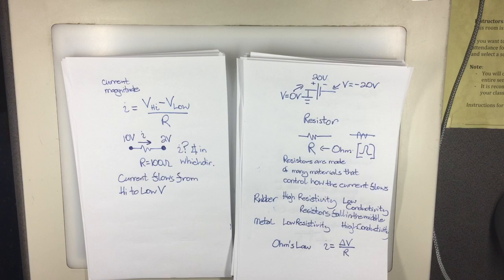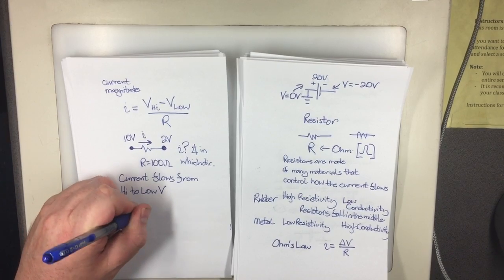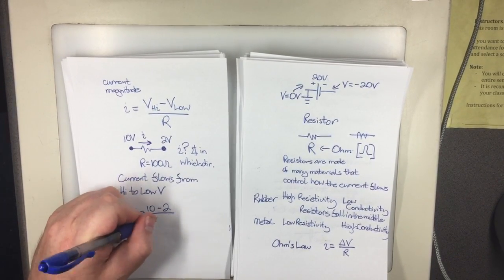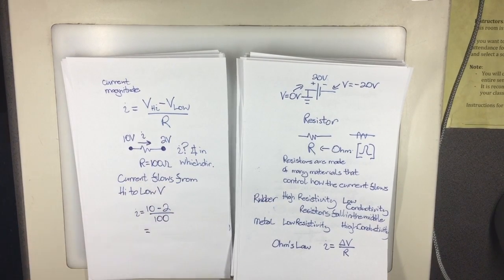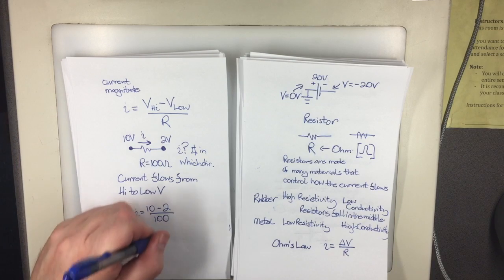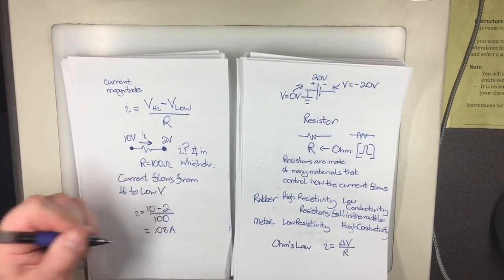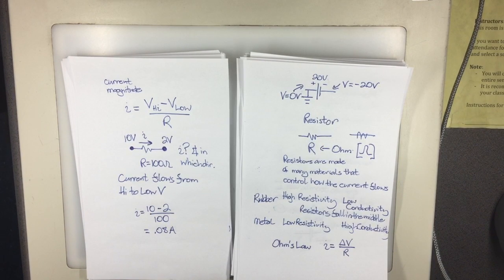I look at it and go, well, there's a high potential, there's a low potential, so it's going to go from high to low, so the current in this case is going to go from left to right. So the current is 10 high, 2 low, divided by 100. So it's 8 divided by 100, or 0.08 amps. And that's the current flowing through the resistor.